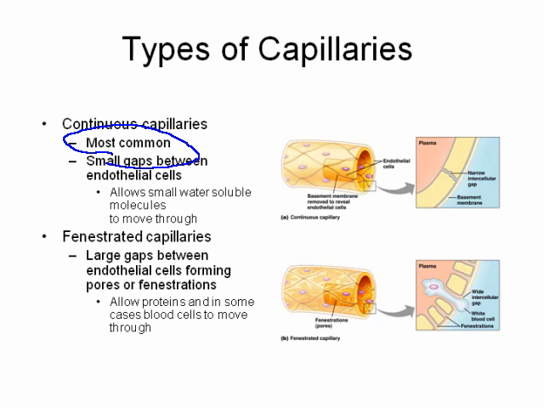These occur, of course, throughout the body. Fenestrated capillaries have these large gaps, or what we call fenestrations, that of course are going to allow much larger molecules through, such as proteins. These tend to occur in organs such as the liver that synthesize a lot of proteins, and some of the proteins are moving into the blood from cells of the liver, and some, of course, are moving out as the liver works on them.